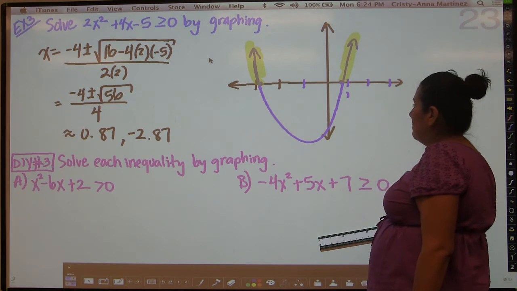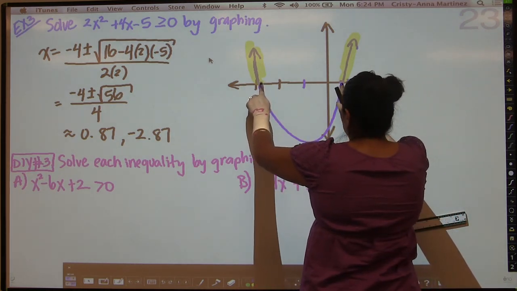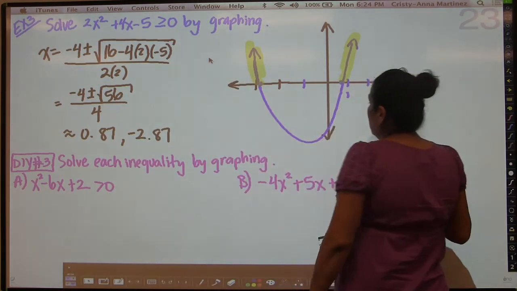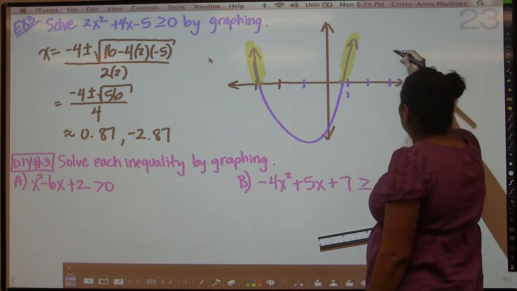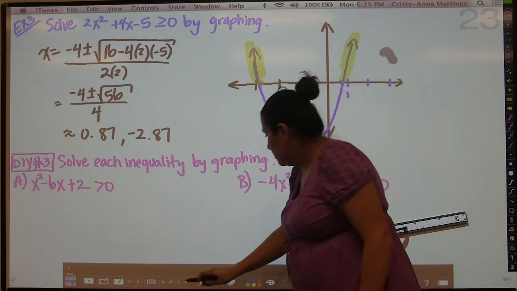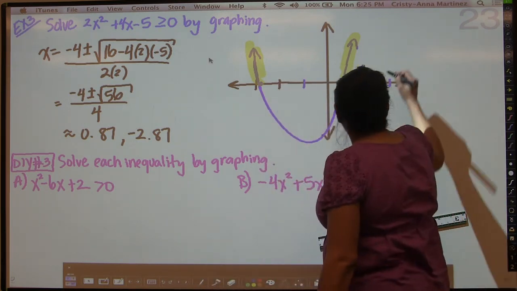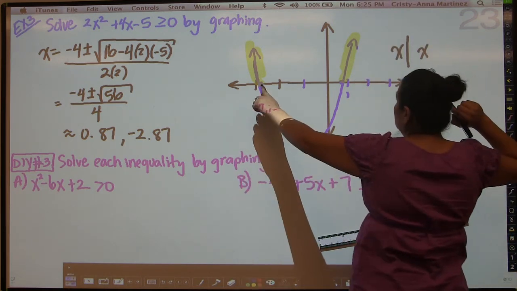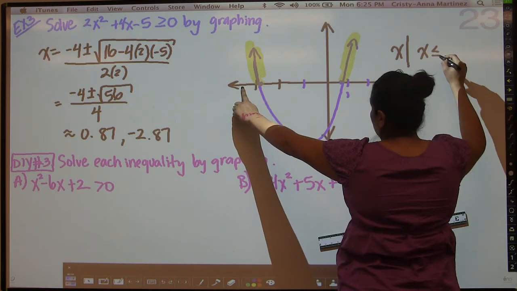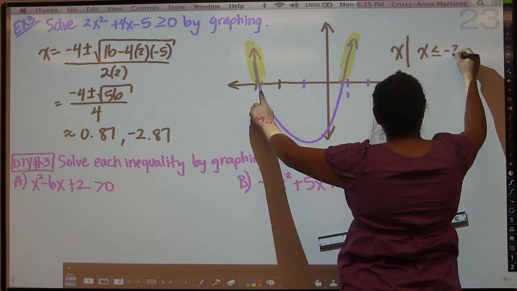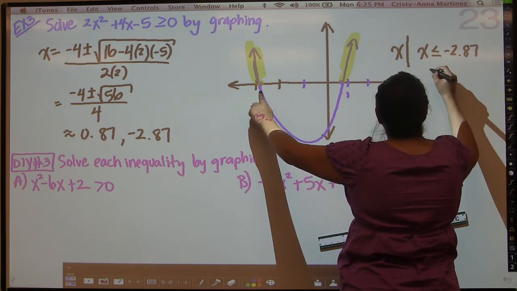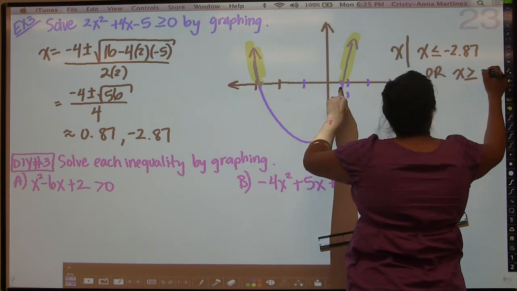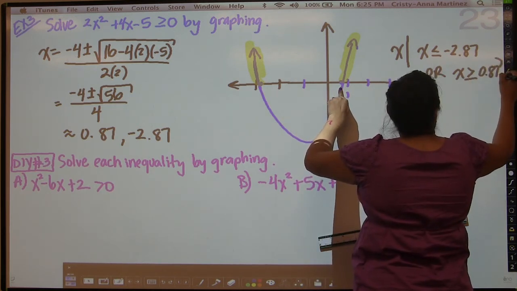Now, keep in mind that this time, those results aren't going to happen in between the two zeros. They're going to happen outside of those two zeros. So my answer is going to be all x's such that x is either less than or equal to -2.87, or x is greater than or equal to 0.87.